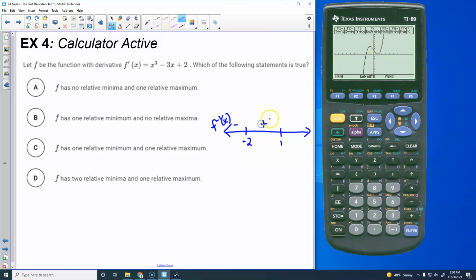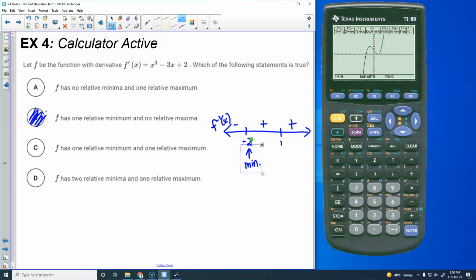It is positive. What about from 1 to infinity? Also positive. So what do we have here as far as relative maximums and minimums? We have one relative minimum. No maximum here because it does not change. So B would be our answer.